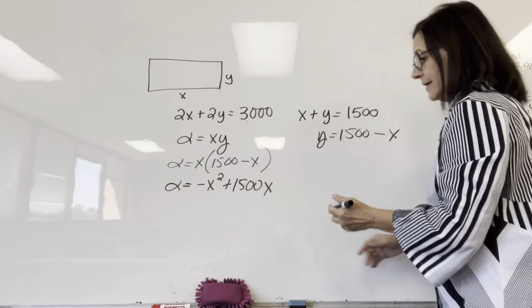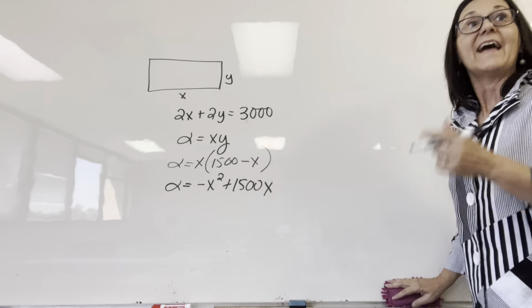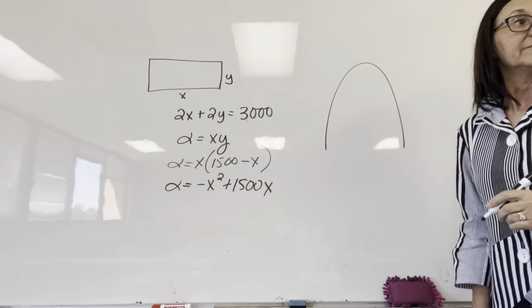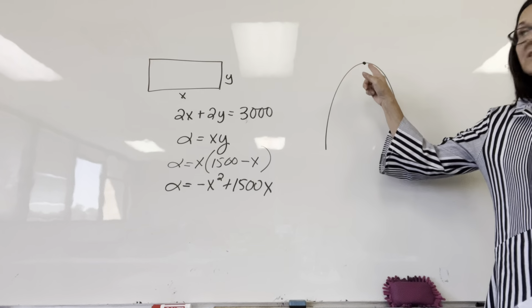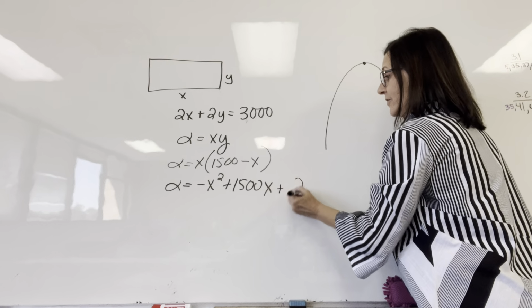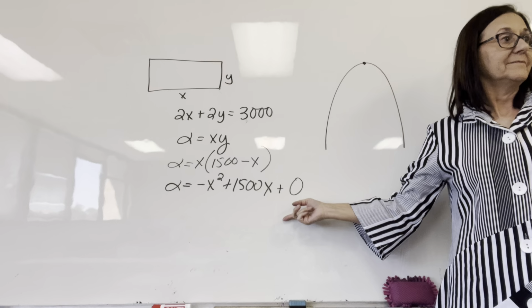Looks like a parabola that opens down. That is exactly correct. So it's going to be like this, right? The maximum area is going to be right here at the vertex. Of course I can add 0 to anything.